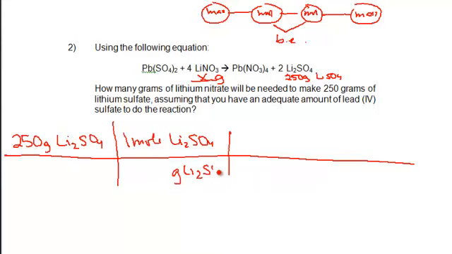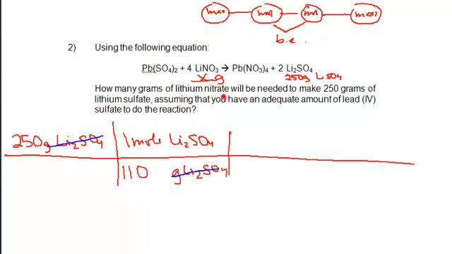While I'm doing it, you do it as well. It's 64 plus 32 plus 7 plus 7. So 110 grams of lithium sulfate. That way my lithium sulfate and grams cancel out.